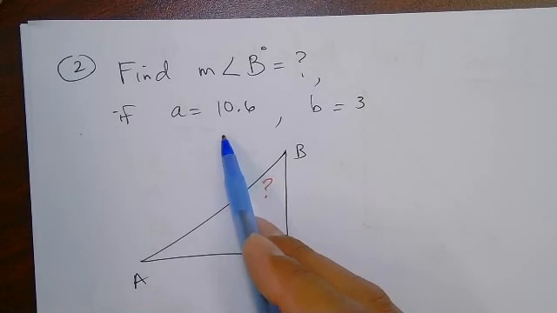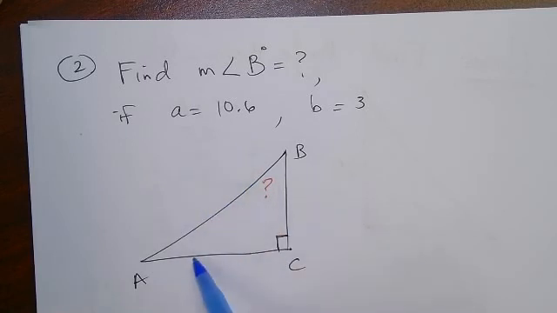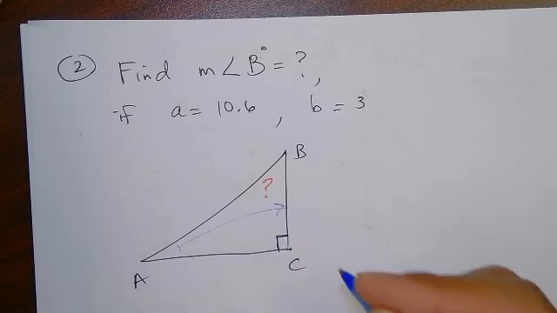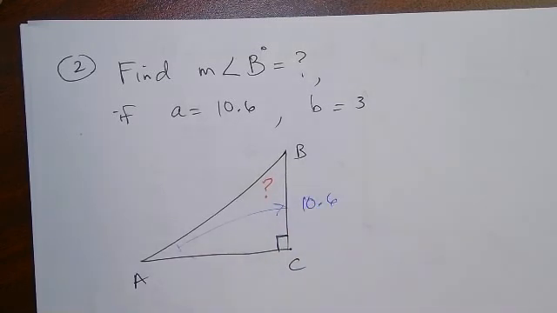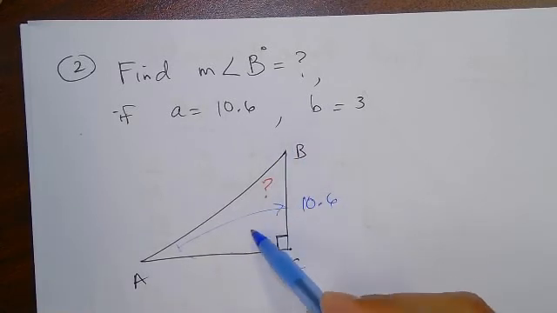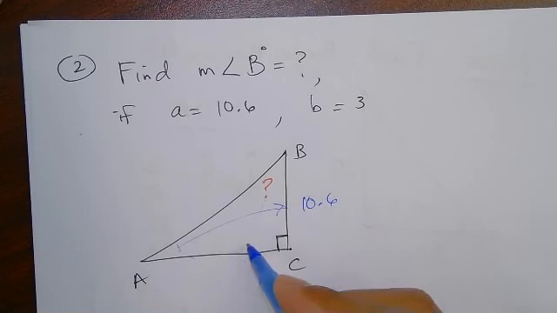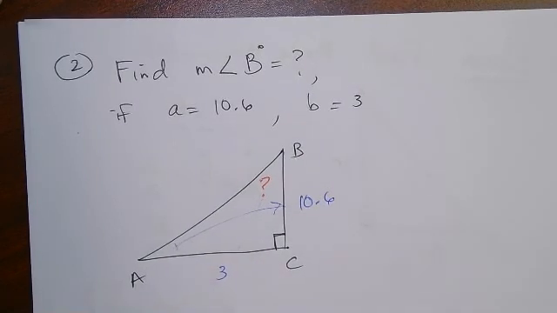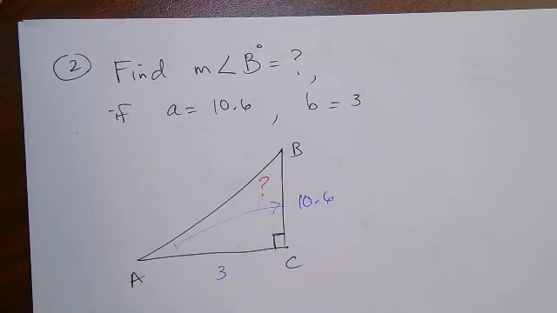Side A, which is in lowercase letters, is opposite of angle A. So side A is this one over here, 10.6. And side B is opposite of angle B, which is going to be this one right here, 3. Yeah, it does matter where you put them.